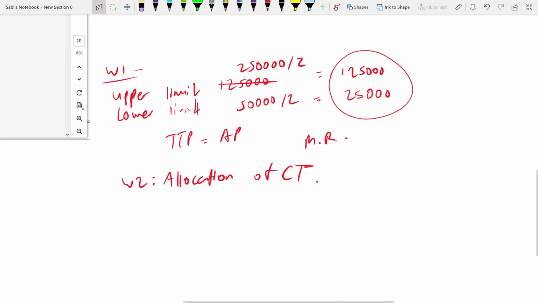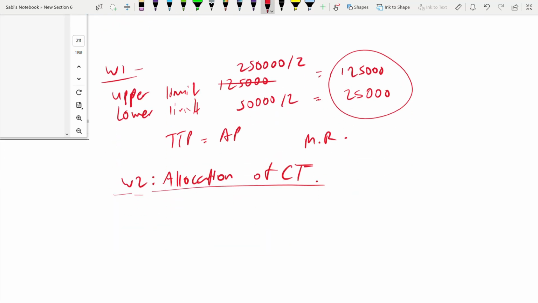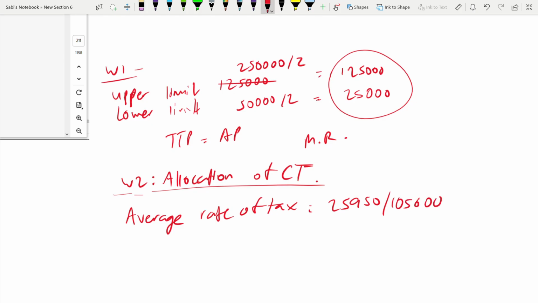For that, you need average rate of tax. How do you get the average rate of tax? Total 25,950 divided by the total TTP, I'm sorry, not the total tax, TTP, 105,000, into 100 equal to, we need this percentage.